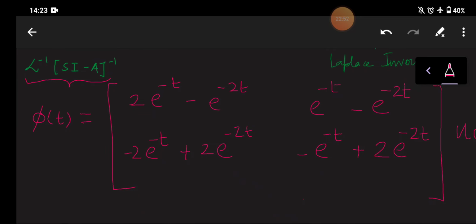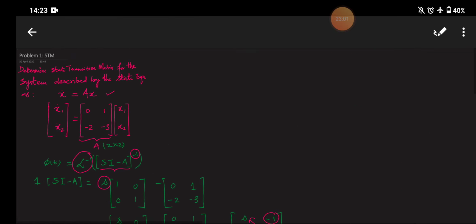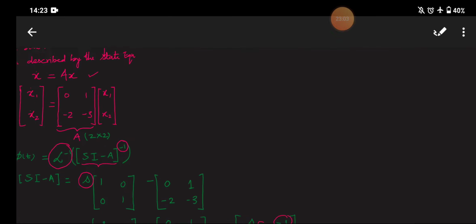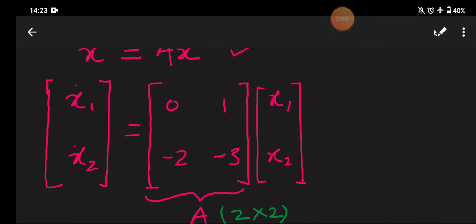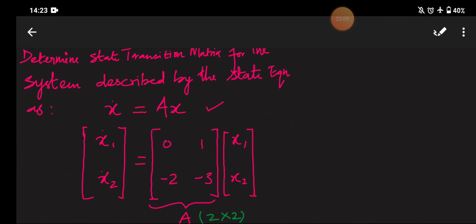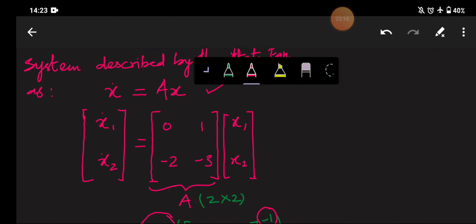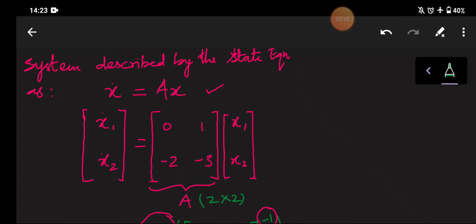So let us quickly revise what we have learned. First of all, the problem that we are having is to determine the state transition matrix for a system described by the state equation given over here. The equation given is x dot equals Ax.